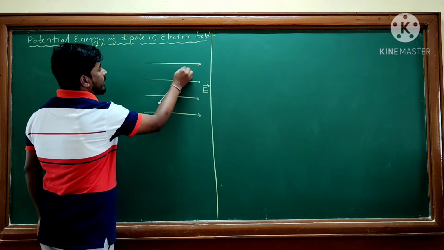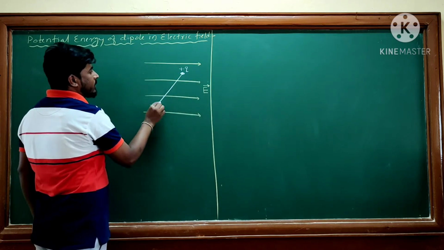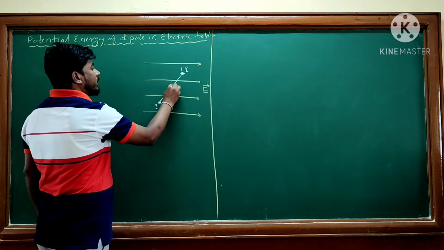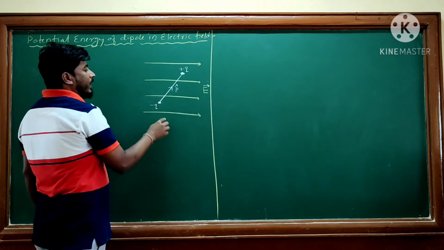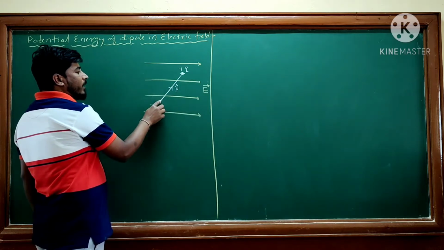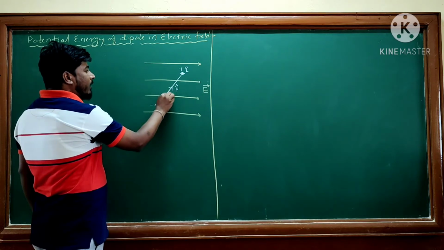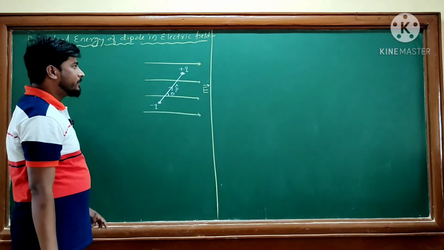Say it is plus Q, it is minus Q. The dipole moment is P. The direction of the dipole moment is from negative to positive. This dipole makes an angle of theta with the uniform electric field.